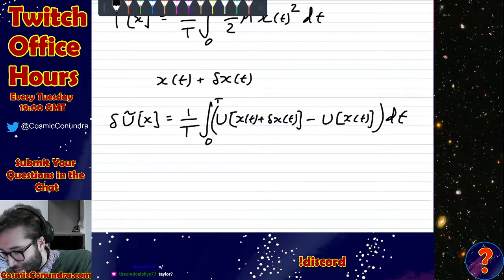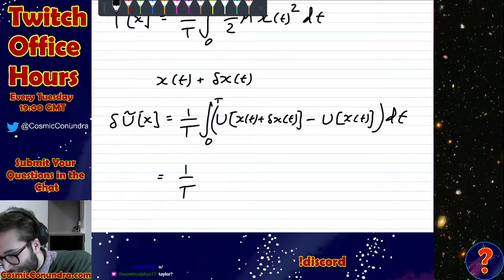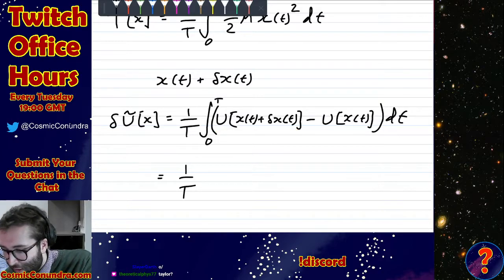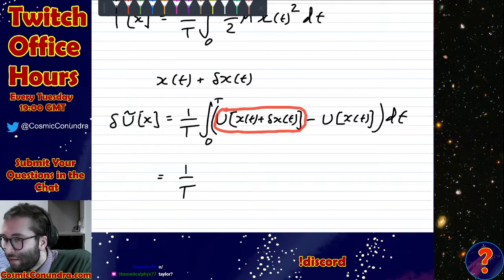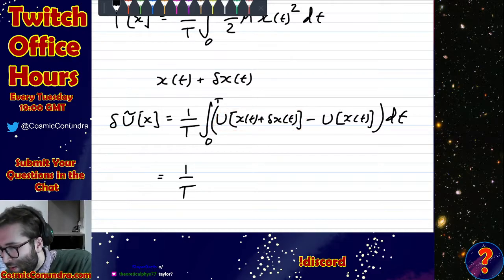And as theoretical phys suggested, what we can do now is Taylor expand this first term here. Because we're only providing a very small wiggle on top of the original path, we can Taylor expand this function, or technically functional, V. But in 1D a function and a functional are really not that different.